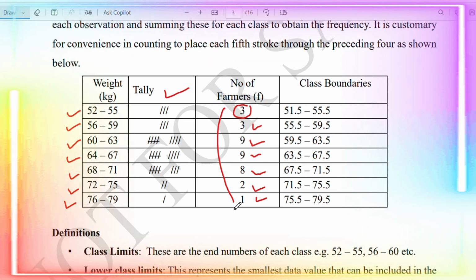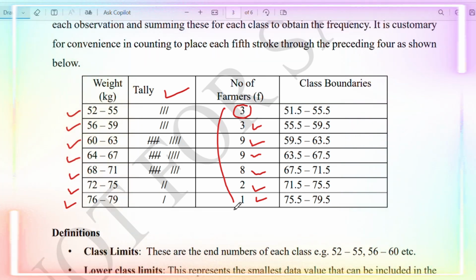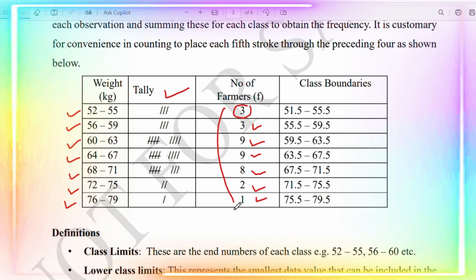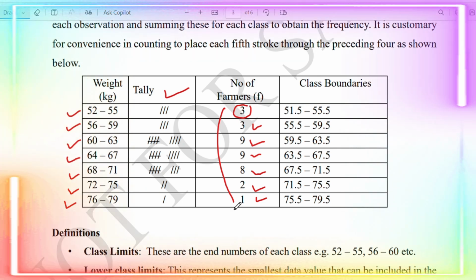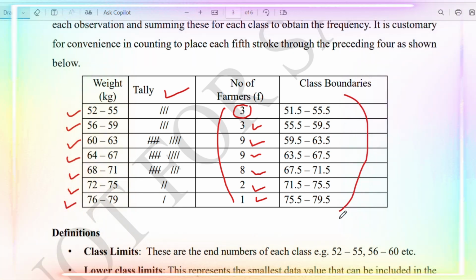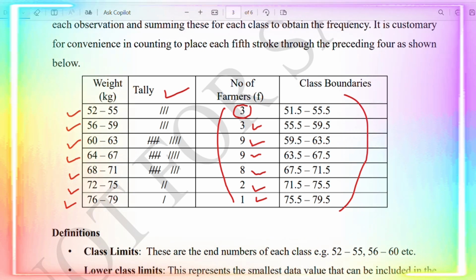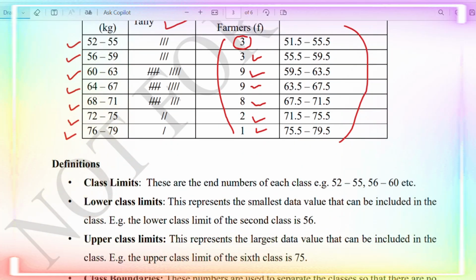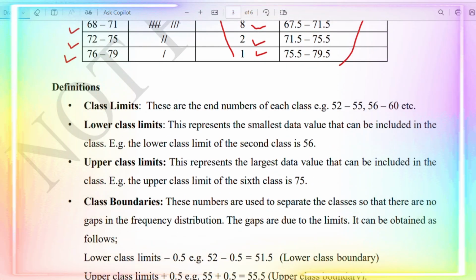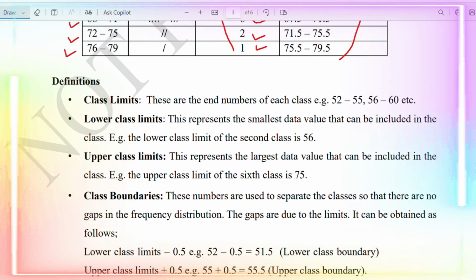Now, before I answer that question, let's look at some of the terms that we are going to use here and get ourselves familiar with those terms. Also, the class boundary, I'll discuss that very soon in the course of the lecture, so you need to stay attentive so that you'll be able to grab and understand everything in detail. Now, let's look at the definition of some terms. Number 1 is class limit.